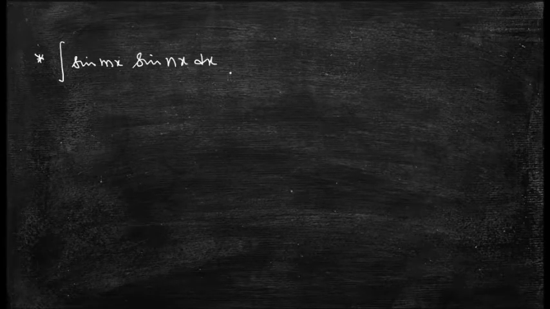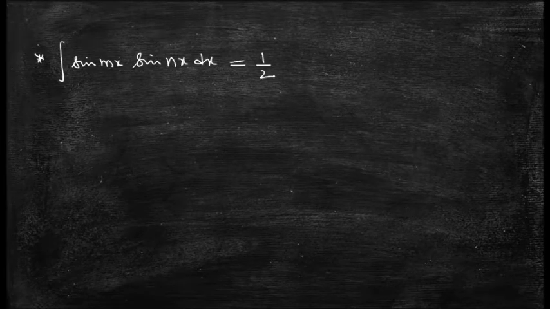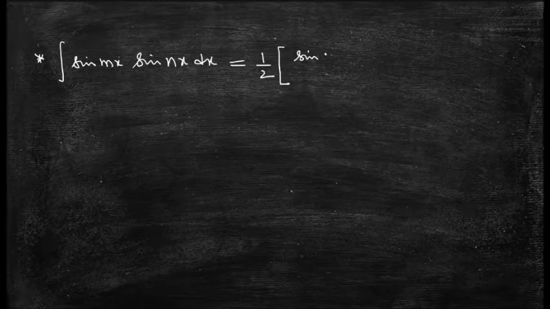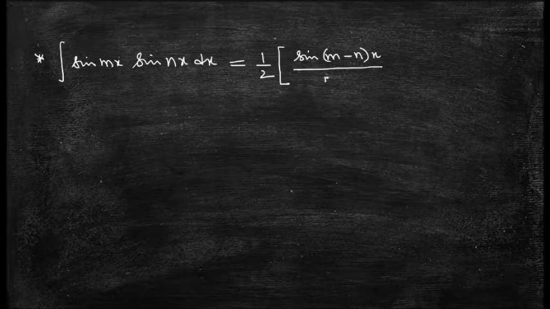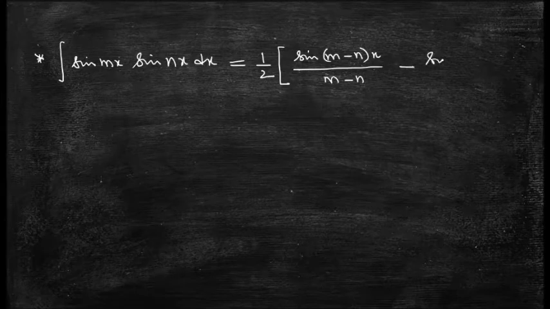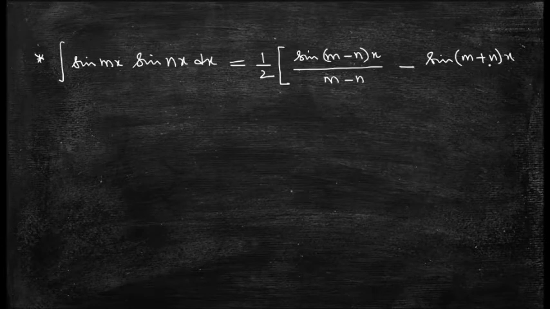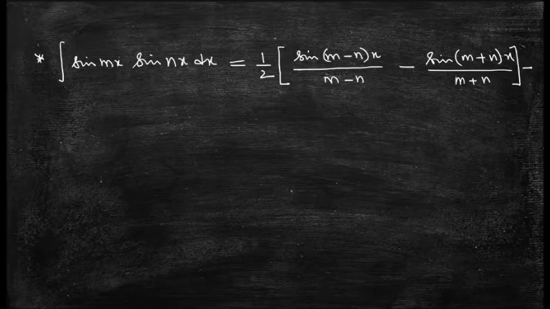If this structure is there, then you can write it as half times (sin (m minus n)x by (m minus n) minus sin (m plus n)x by (m plus n)) plus c.